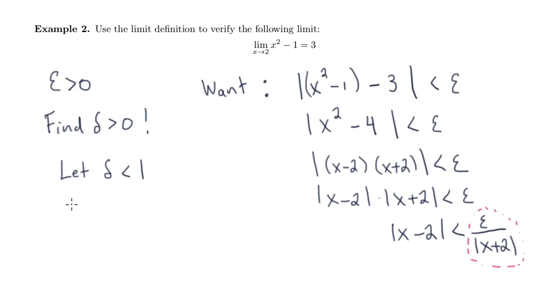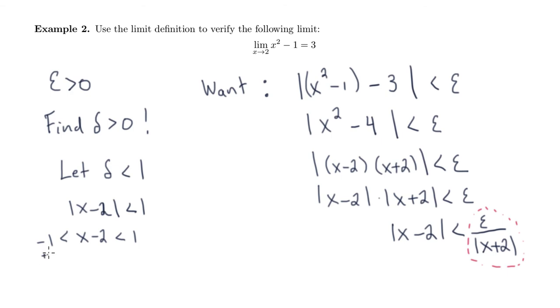And so what does that mean? If delta is less than 1, that means that x minus 2 is less than 1 in absolute value. So in other words, x minus 2 is between 1 and negative 1. Okay. Then I'm going to add 4 throughout this inequality.